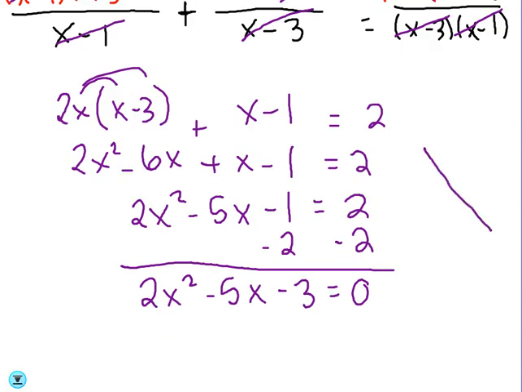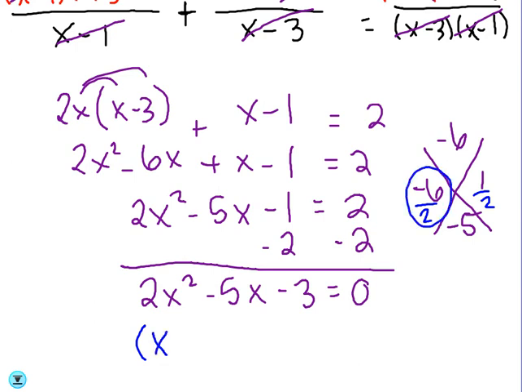So we're going to go ahead and do our x method. 2 times negative 3 is negative 6, and it needs to add to be a negative 5. That's going to give us our negative 6 and positive 1. Then we're going to do the shortcut method where we divide by a. So now this is going to break down into x.